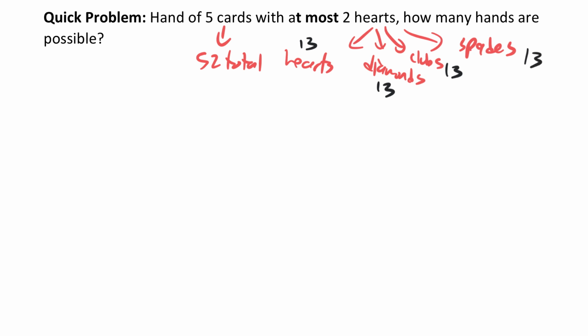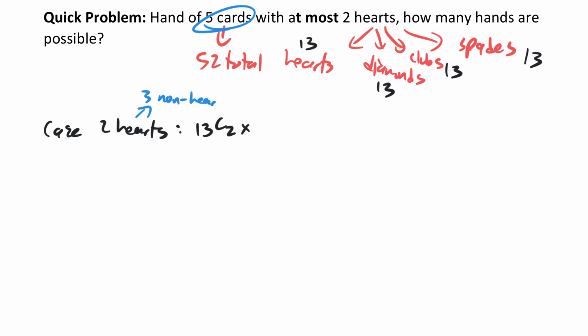All right, so we need at most 2 hearts. So let me do the first case for you here. So let's do the case with 2 hearts. That would be 13 hearts, choose 2 of them, times, well, how many are not hearts? So if you have 2 hearts and you need to have a total of 5 cards, that means you would need 3 non-hearts, right?